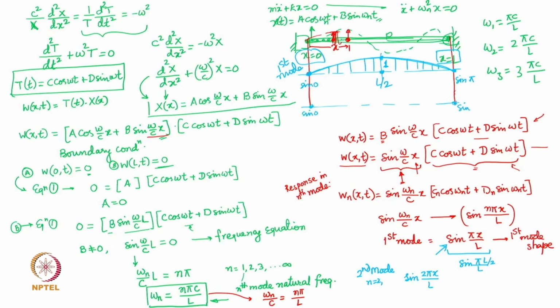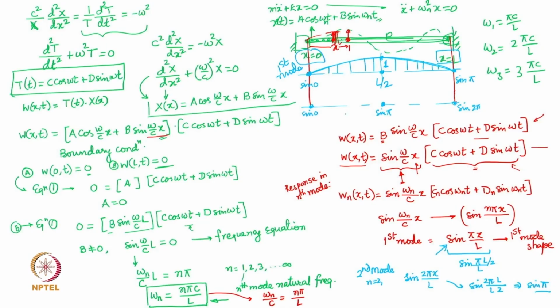Sine 2 pi, which of course is still 0. But we all know that sine pi is the case when x is equal to L by 2. So you can see that sine 2 pi at L by 2 is actually sine pi, which means that the amplitude at L by 2 is going to be 0 again, right?